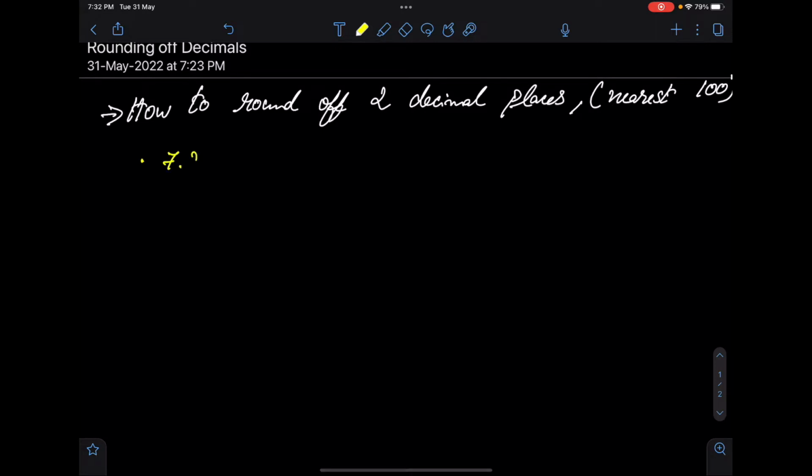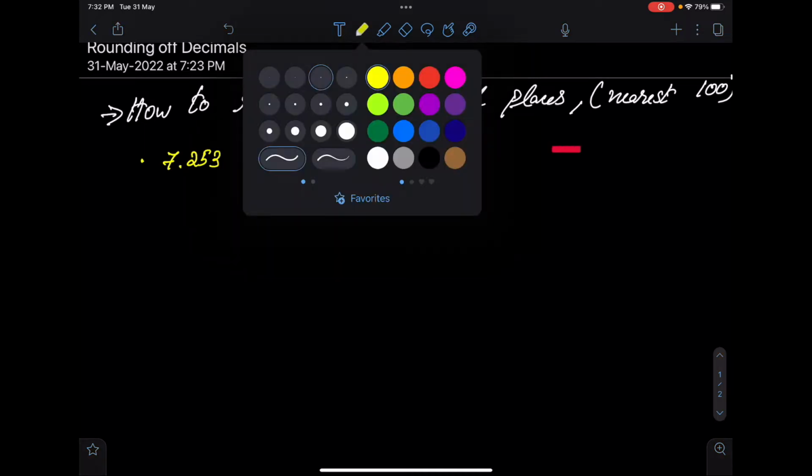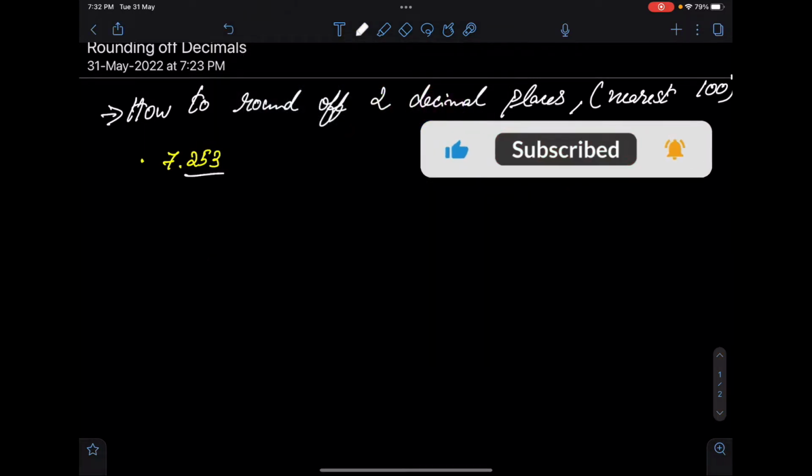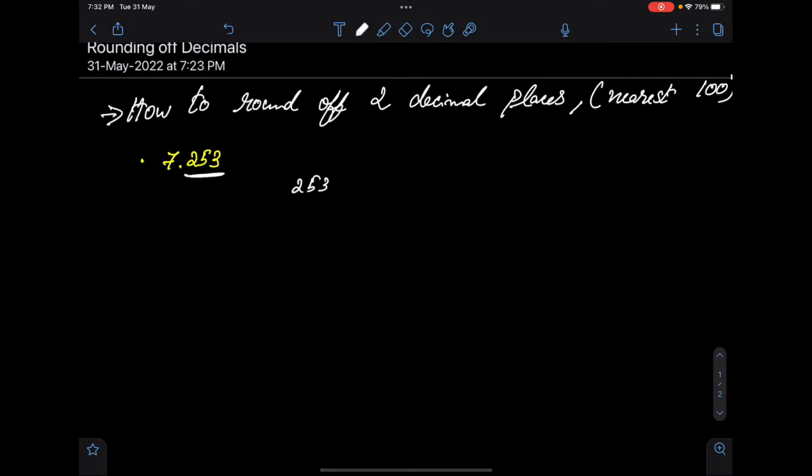Okay, let's take a few examples. I am taking the first example as, let's say, 7.253. We'll have to round it off to the nearest 100th. What you're gonna do here is just consider this part, that is 253, and round it off to the nearest 100. How do we do that?